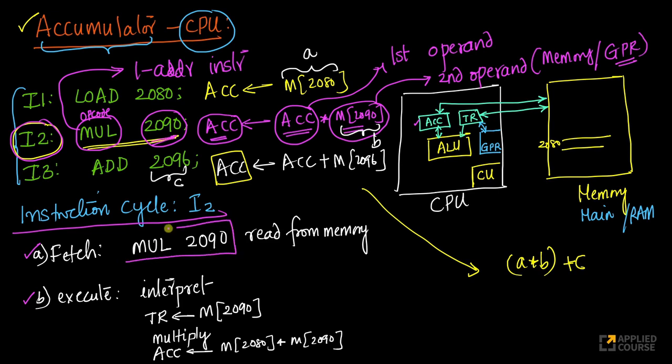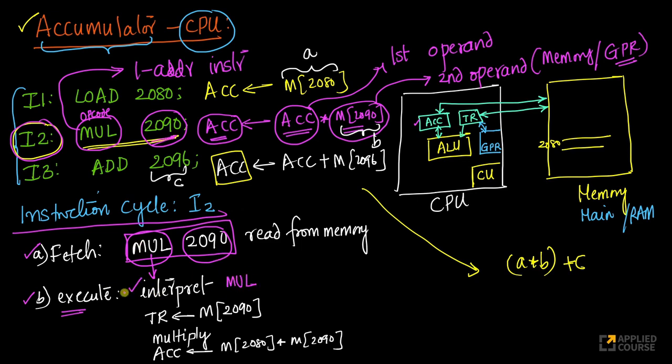So in the fetch cycle, both the operand and the opcode are read from the memory. Simple, very simple concept there. In the execute cycle, first this opcode is interpreted. I understand that my opcode is mul, and since I am an accumulator CPU, my first operand is in the accumulator for sure, but I also need to obtain my second operand, which is stored in memory address 2090.